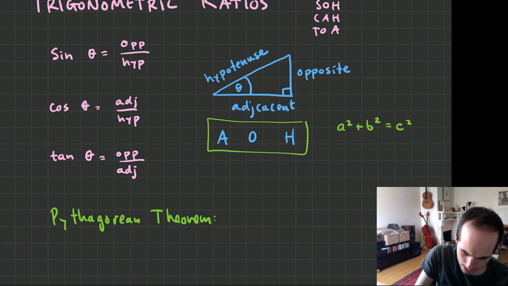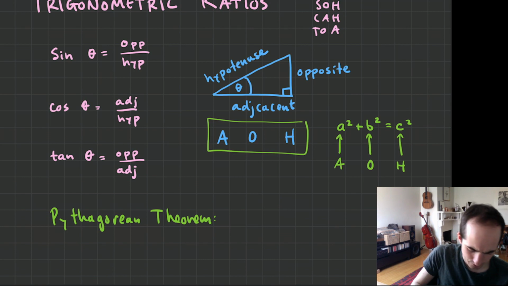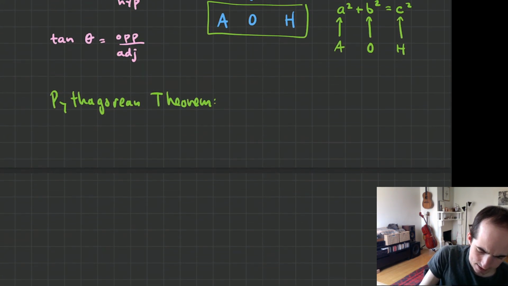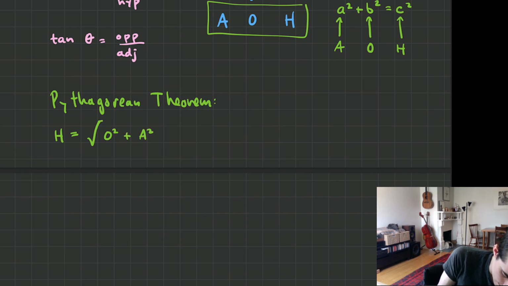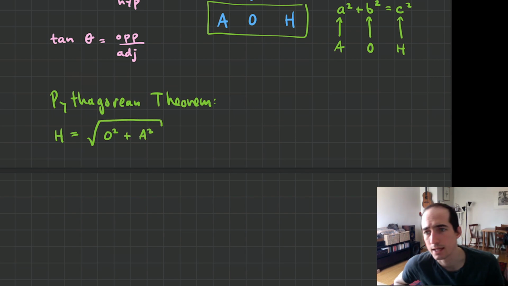Here a could be our adjacent side, b could be our opposite side, and c would be our hypotenuse. So the hypotenuse is equal to the square root of the opposite side squared plus the adjacent side squared. This fact is going to come in handy in just a minute.